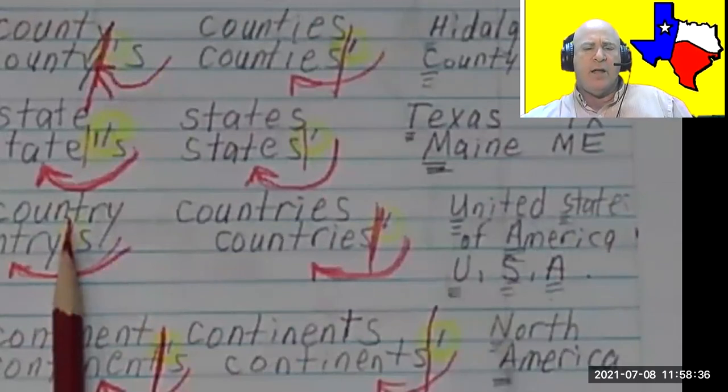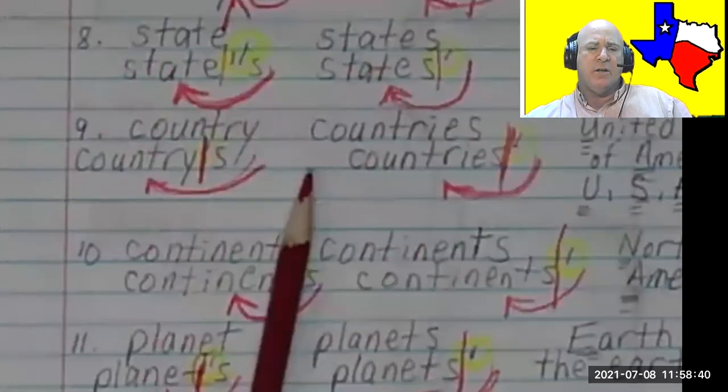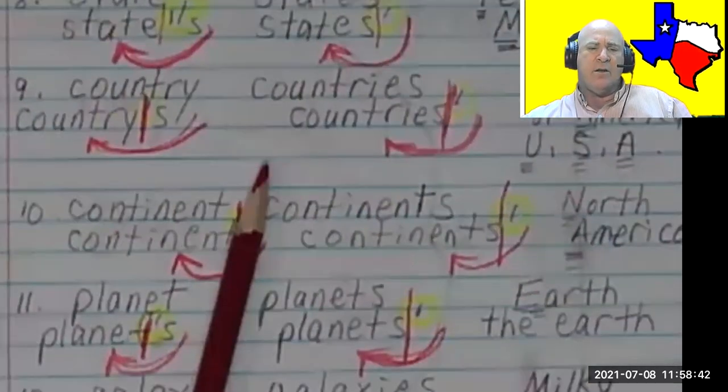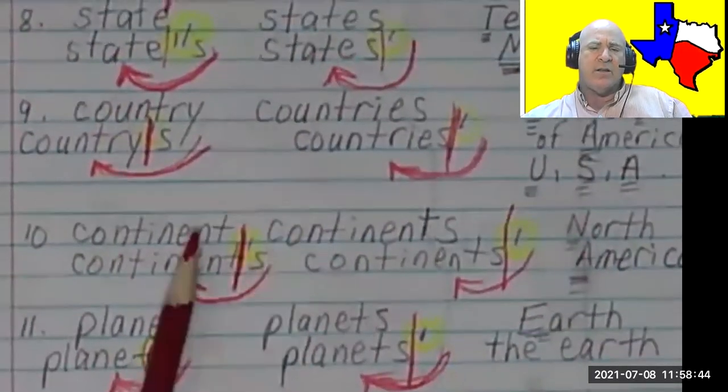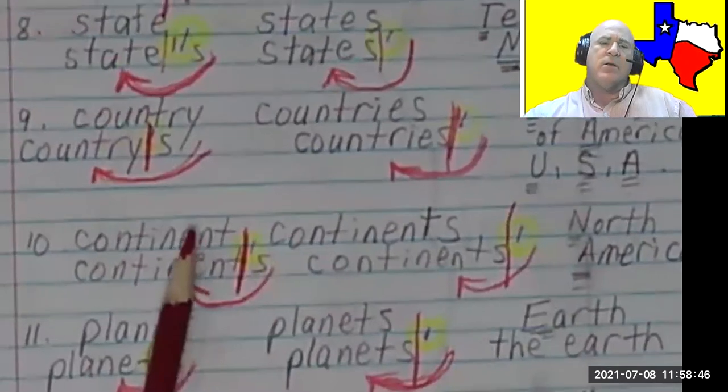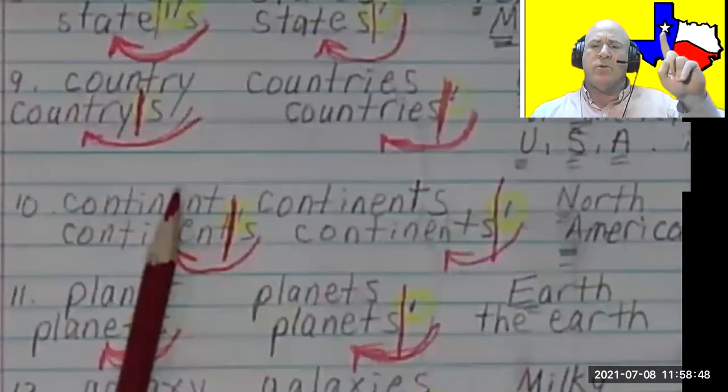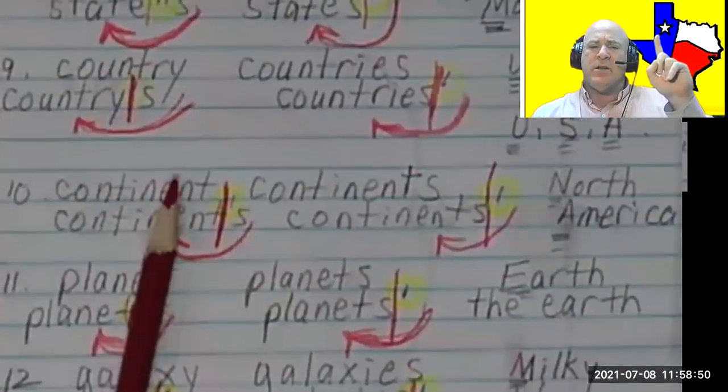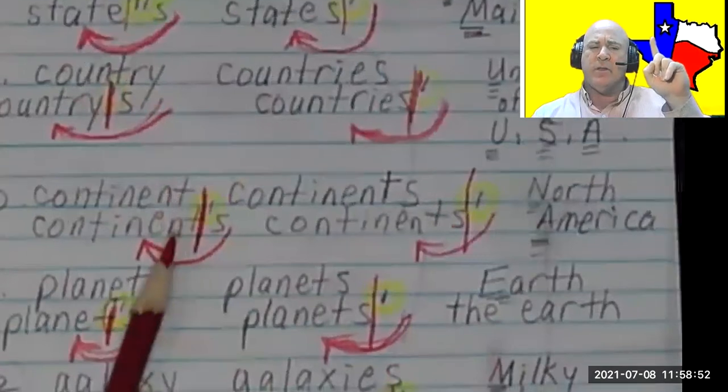We don't put the O in there. All right, number 10. Let's get a little bit bigger than a country: a continent. It's not a consonant Y, so this is one where we just add the S. Continent. So you raise one finger. Continent, singular.